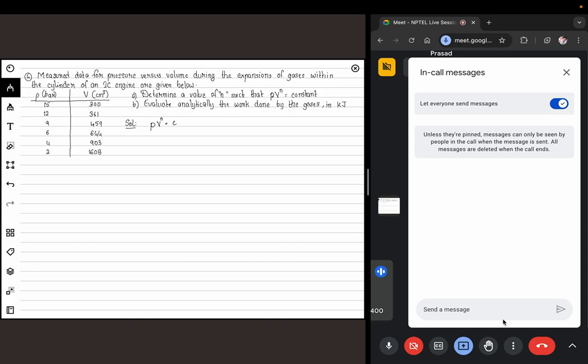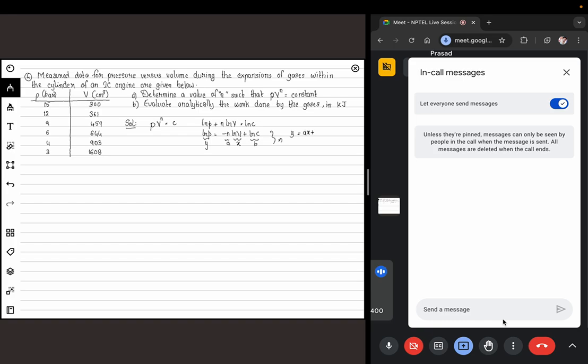So what I can do is I will just apply log of it. If I apply ln, it will be ln P plus n ln V equal to ln C. So I'll call ln P as Y, and if I just take it to the other side, I'm calling this as Y, I'll call this as A, call this as X, I'll call this as B. So essentially now this equation is converted into a form where you have y equals ax plus b.